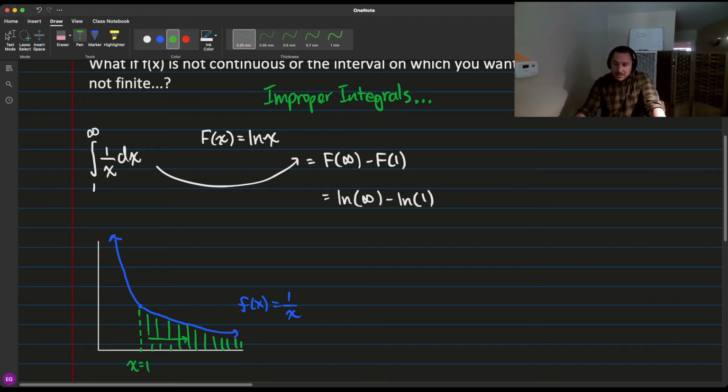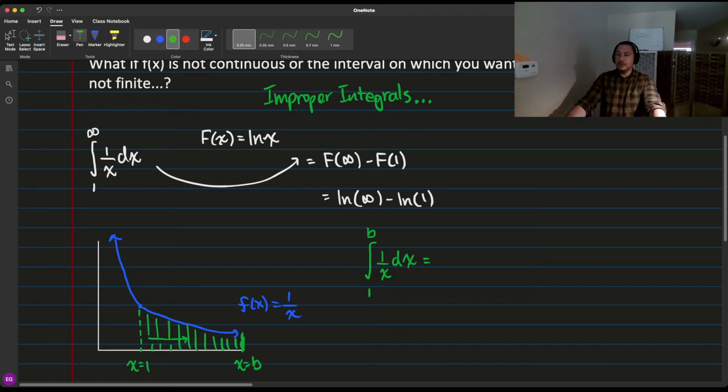Normally we're supposed to go from x equals something to x equals something else. So let's say instead that we were going from 1 to b. Would you be able to calculate this value if I was integrating from 1 to b?